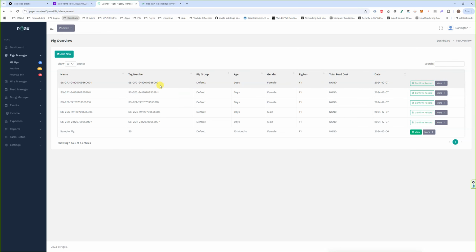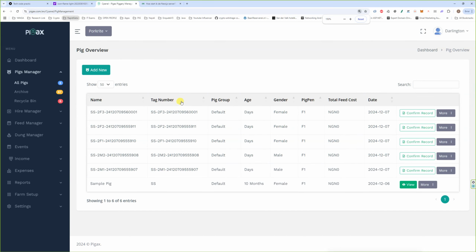So this user wants to have his own unique ID. Like I said, PIGAX does the numbering for the farmers, but obviously this user doesn't like this ID. He wants to be able to influence it, and one way he can influence it is using the liter number.